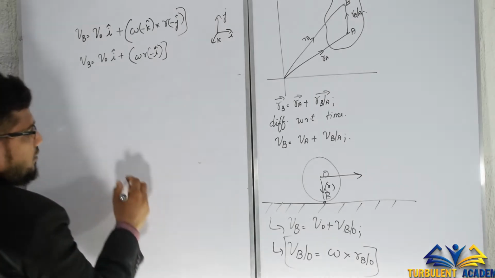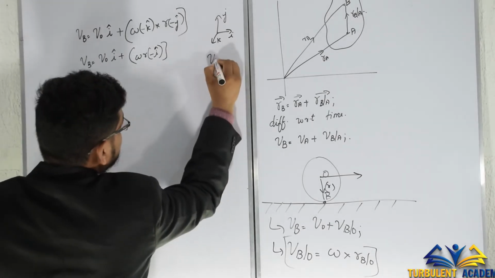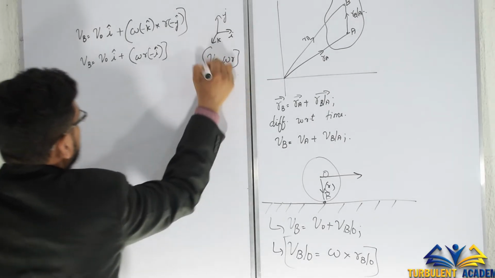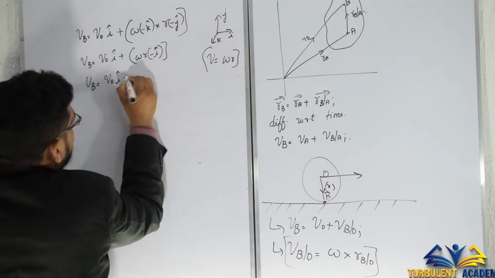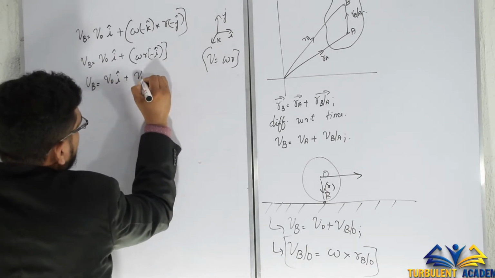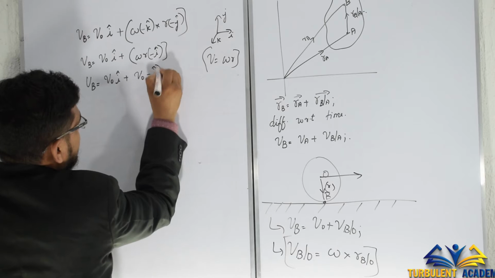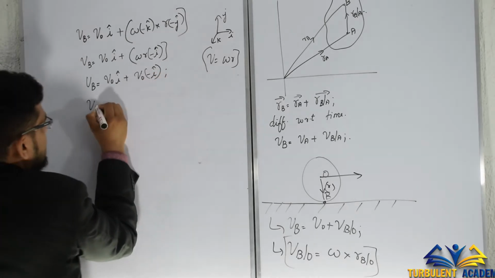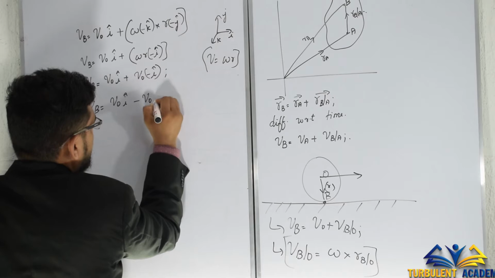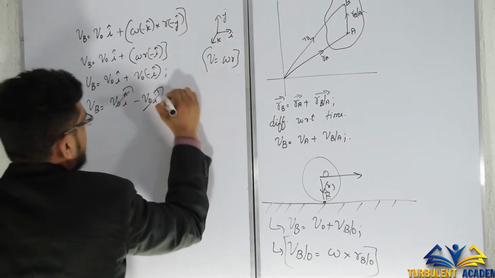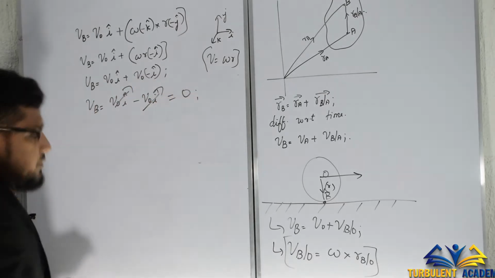We already know V is equal to omega r. So VB equals V naught into I cap plus V naught into minus I cap. Solving this, I get V naught I cap minus V naught I cap, cancelling out, so the velocity is 0.